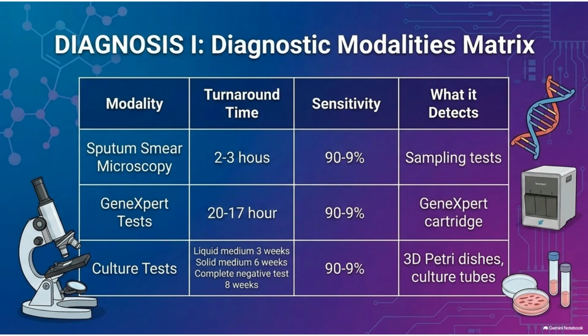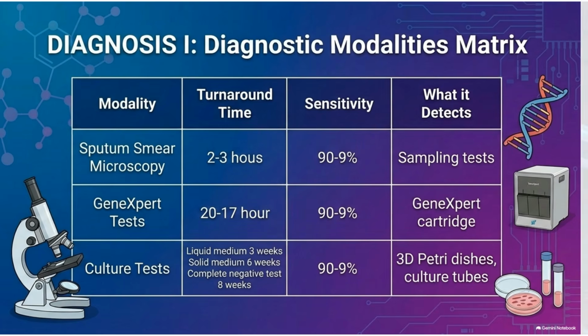Accurate diagnosis involves various modalities. Sputum smear microscopy offers quick results, while GeneXpert tests provide high sensitivity for rapid detection. Culture tests remain a gold standard for confirmation, though they require a significantly longer turnaround time.